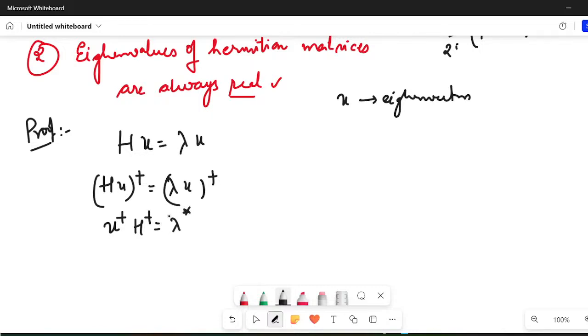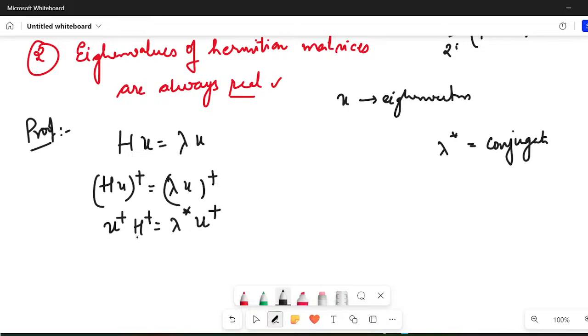This gives U dagger H dagger = lambda star U dagger.